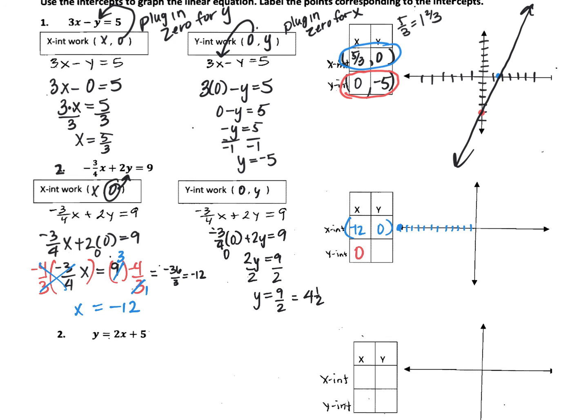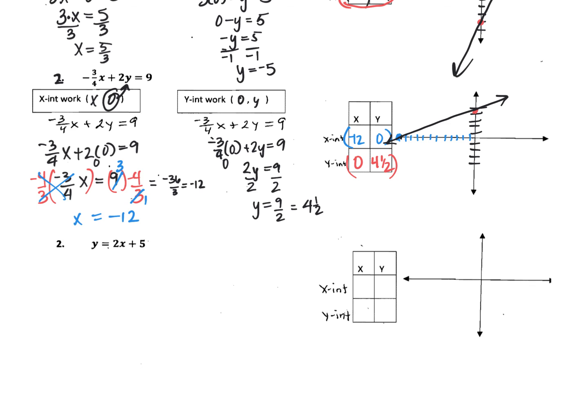So we have 0, 4½. So we'll put that point 0, 4½, in between 4 and 5 on my y-axis. And then I connect my 2 points.